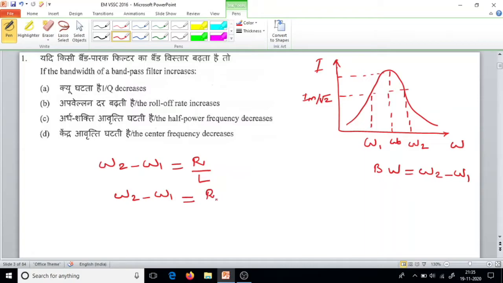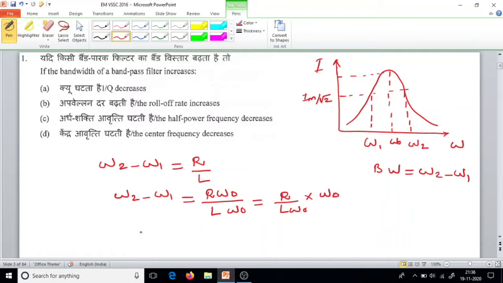So R omega naught divided by L omega naught, which equals R by L omega naught multiplied by omega naught.